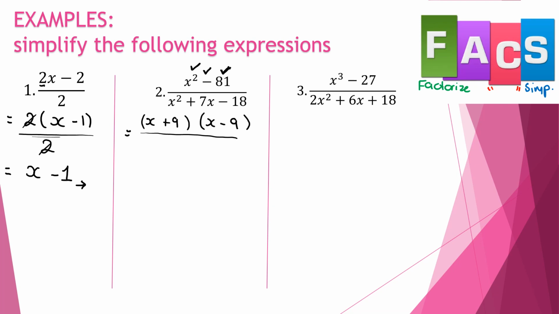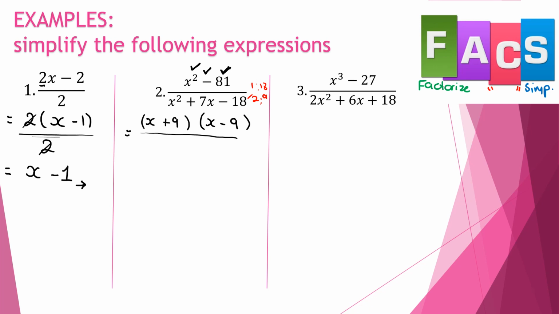Now when we go to the denominator, I'm hoping that it's obvious that this is a trinomial. There's my x squared term, there's my x term, and there's my constant. So the factors of 18 would be 1 and 18. We got 2 and 9. And I won't go any further because it appears as though I have found the pair that works.